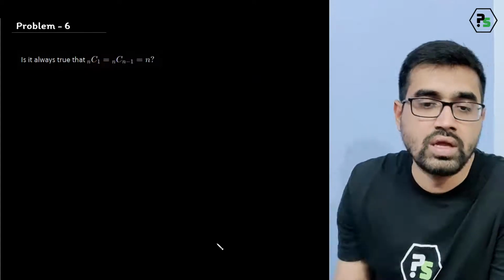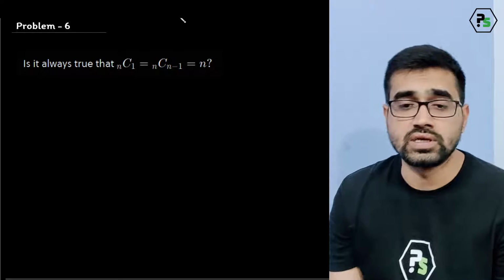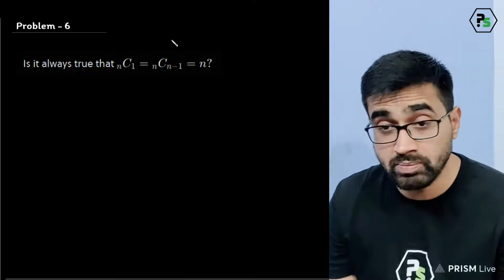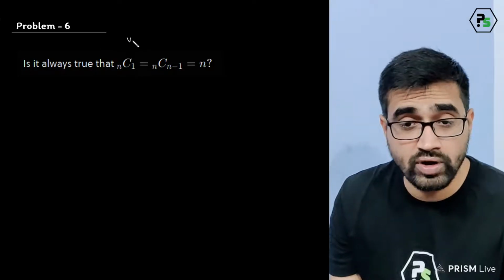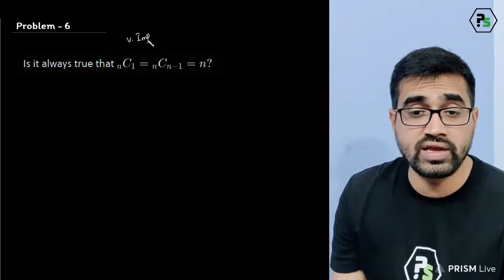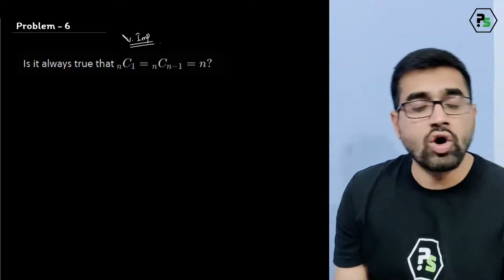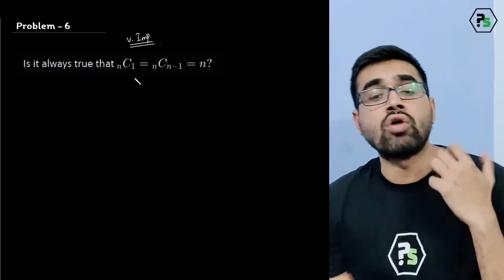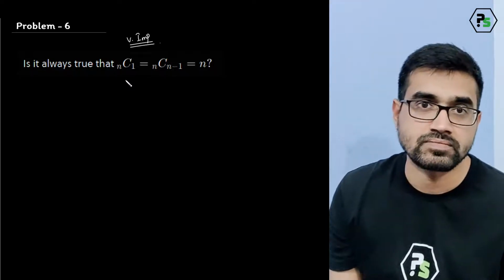Okay. Let us now prove this. It is very simple and very important. Though it is a very simple expression, it's a very important concept to simplify the next set of problems. Is it always true that selecting 1 thing out of n things is the same as selecting n minus 1 things out of n things?